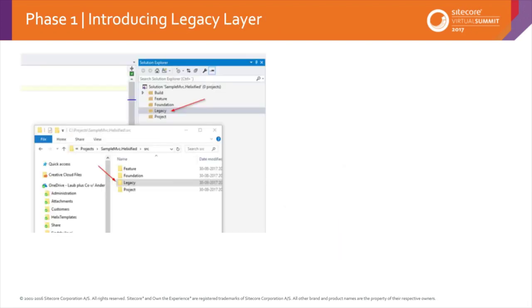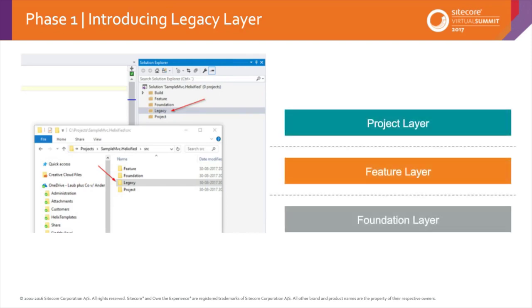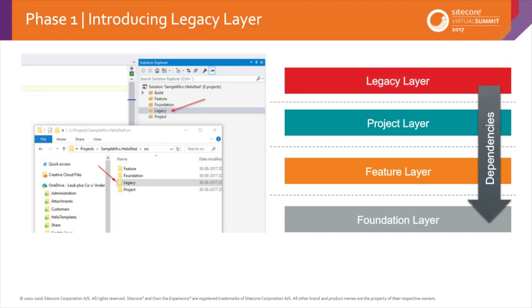Oh, I can see that time is running, so I will speed up a little bit. I introduced the legacy layer, or simply created the folders for it. So to look at it conceptually, where does the legacy layer fit into the Helix layer convention? Well, the legacy layer is above the project layer.